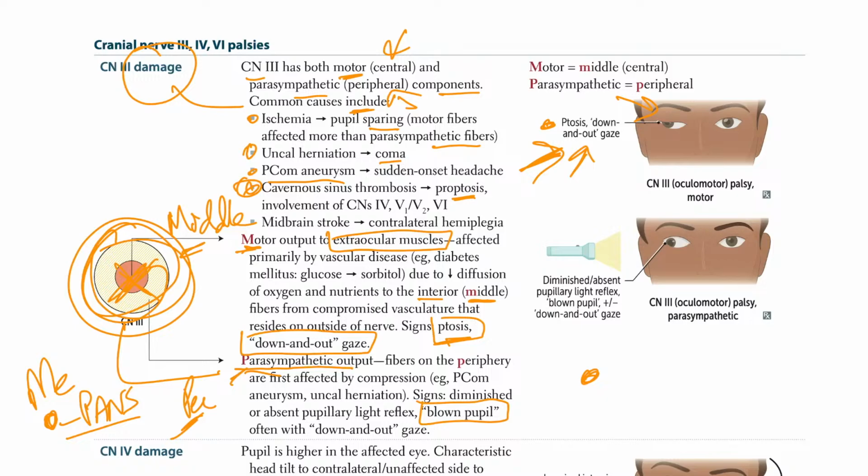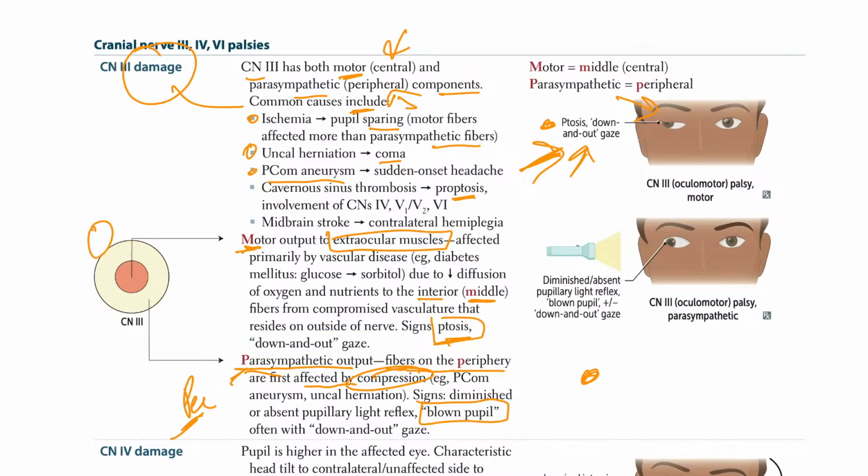Parasympathetic output fibers on the periphery are first affected by compression. Okay, if there is a compression like a PCOM, posterior communicating artery aneurysm, which structure is it going to compress first? Well, it's going to compress the periphery, right?